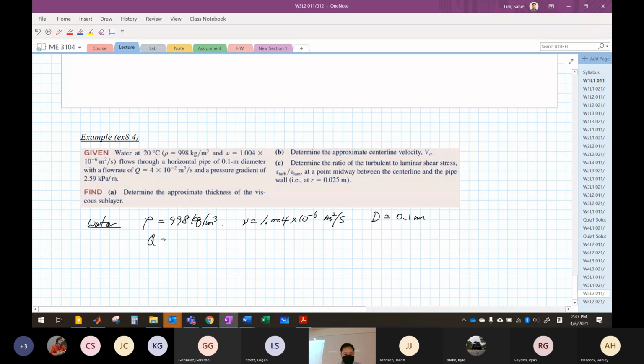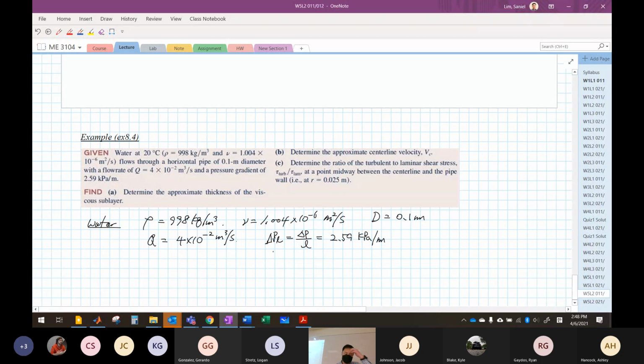And the flow rate is given. The pressure gradient is given. So pressure gradient, you can think about it as delta P over L, that is the pressure drop per unit length. That's why we have units of kilopascal per meter.